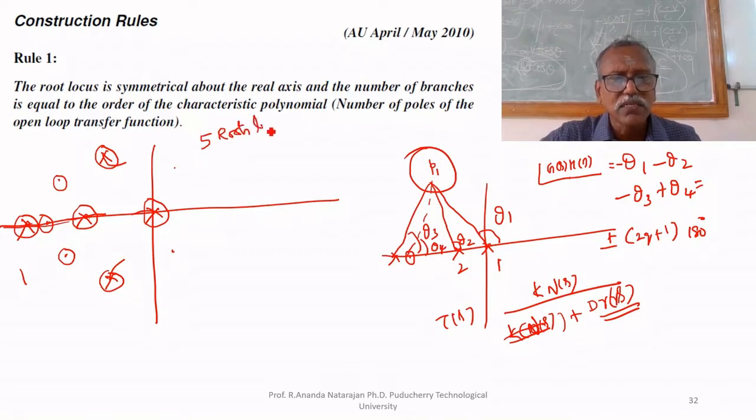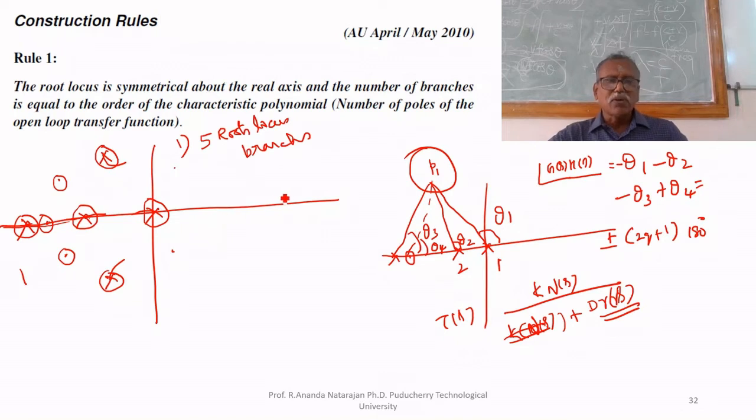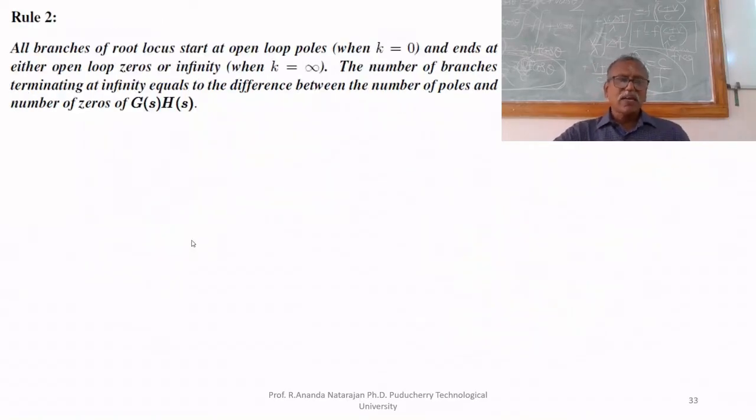The first rule is that the root locus is symmetrical about the real axis. The number of root locus branches is the number of open loop poles. Second rule, all branches of root locus start at open loop poles.